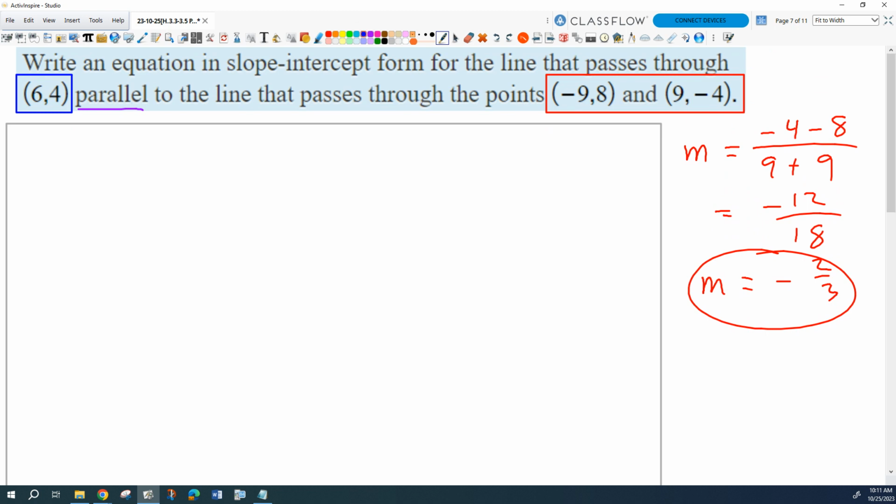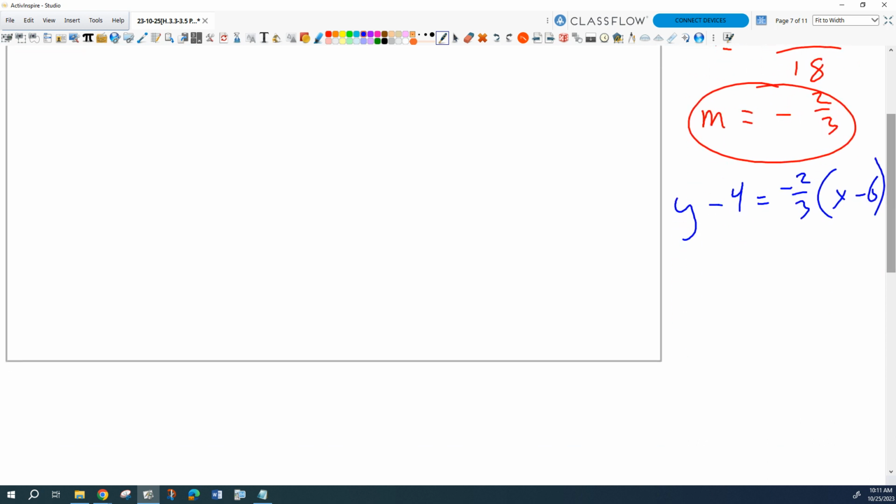So we get y minus 4 equals negative 2/3 times what? x minus 6. And again, how do we get that? y minus the y coordinate of our point equals m times the quantity x minus the x coordinate. Okay. If we distribute the negative 2/3, what do we get there?